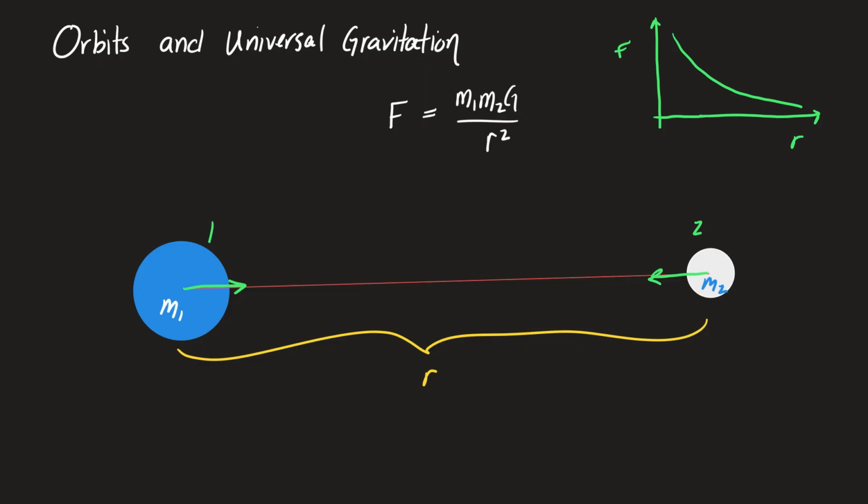So there's a set of forces acting between these two objects, and that would be its own force equation. Right? The force equation itself only deals with two objects at a time.